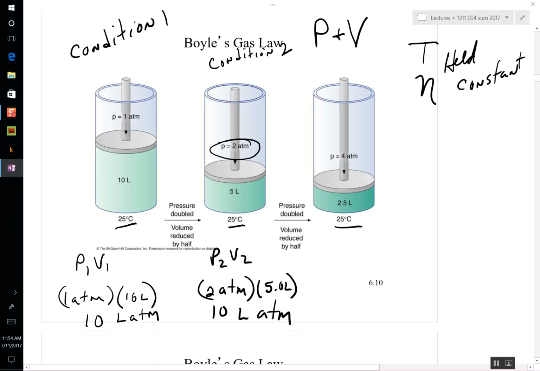atmospheres. It's constant. So Boyle said that pressure times volume is a constant if the amount of gas and the temperature are held steady.